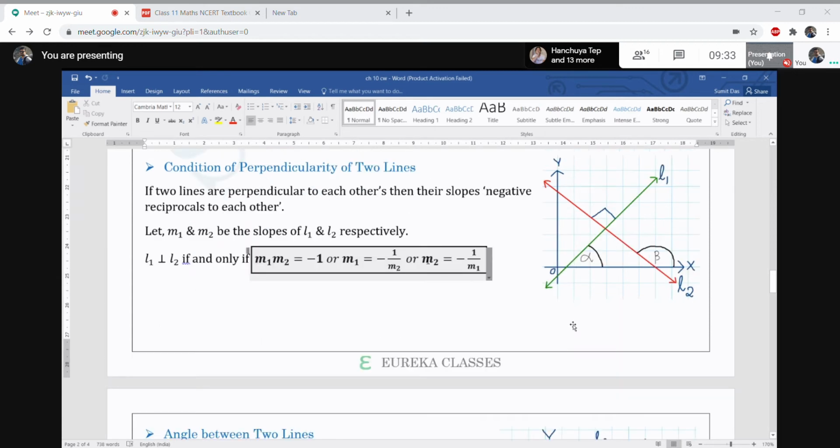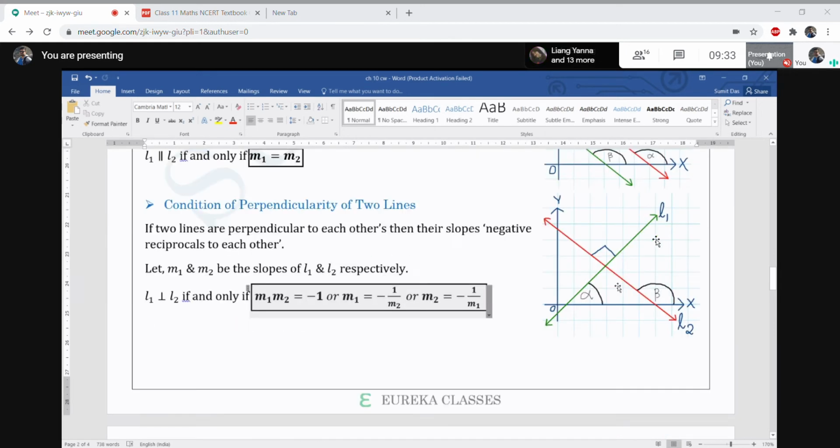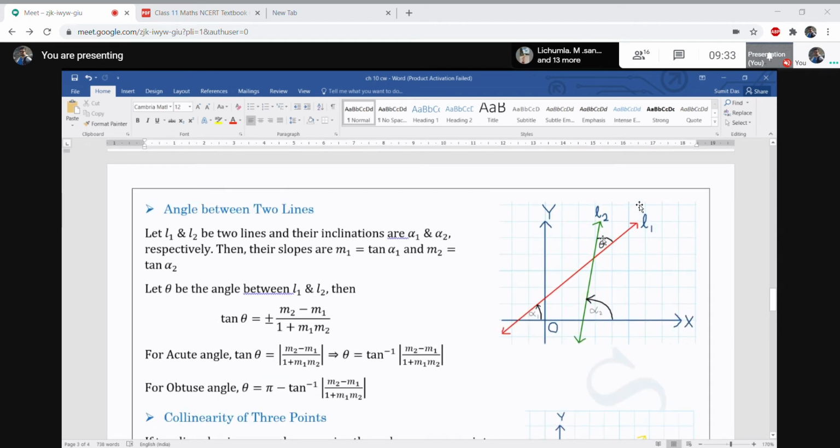Now these two lines intersect. In the previous case these two lines also intersect, but at 90 degrees. Here no angle is fixed; only the angle theta is given. If two lines L1 and L2 intersect at theta, and their inclinations are known, L1 inclination is alpha 1 and L2 inclination is alpha 2.